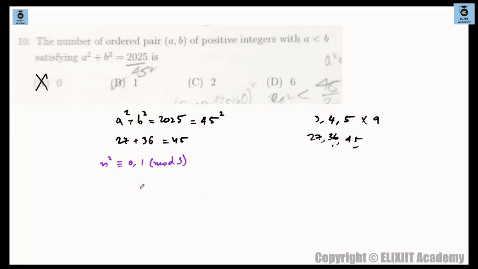Now here we have the right hand side to be 45 square, right? So 45 square is congruent to 0 modulo 3. You can check, this right hand side is congruent to 0 modulo 3.